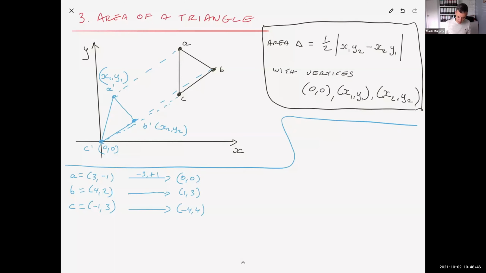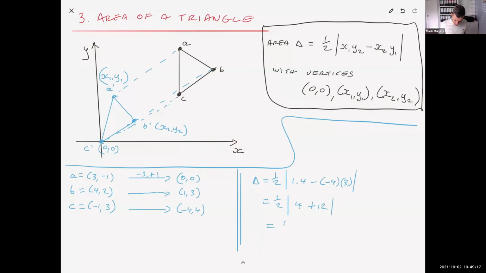So then the area of a triangle, by definition, we know, is half times x1 y2 minus x2 y1, which is 1 times 4 minus (-4) times 3. So that's equal to a half times 4 plus 12.